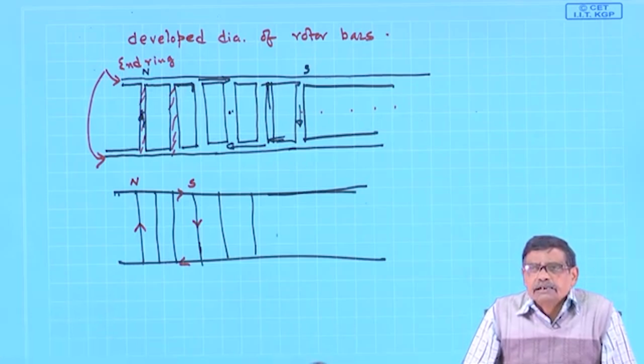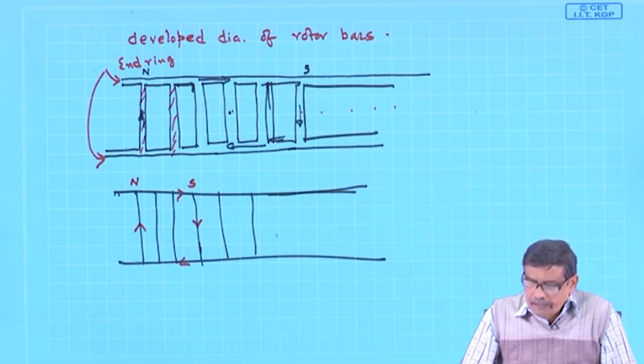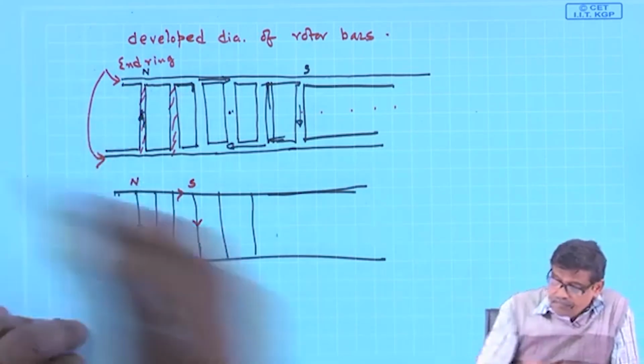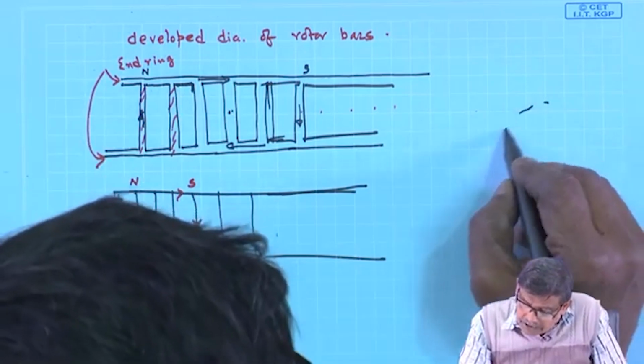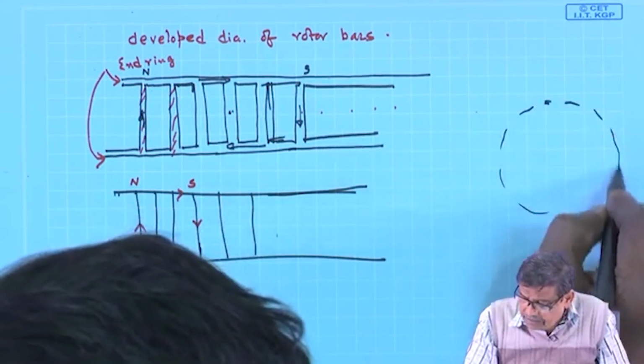I change the interconnection of those coils and it will behave like a 4-pole. Yes, it is possible. For example, suppose only R phase, I am showing the simplest thing.